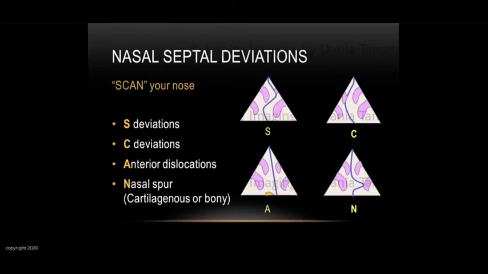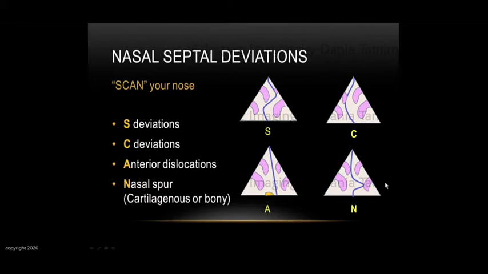Part of that also changes the morphology of the nasal septum. We have some morphologies that we can visualize, and many of us do visualize on our imaging. There are the S-shaped deviations, there are the C-shaped deviations, there's anterior dislocation, and of course the nasal septal spurs. And these can be either in the bony components of the septum or in the cartilaginous components of the septum.